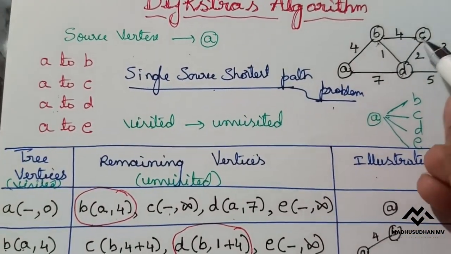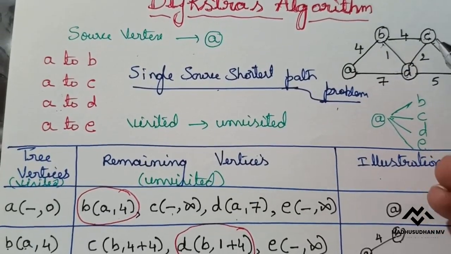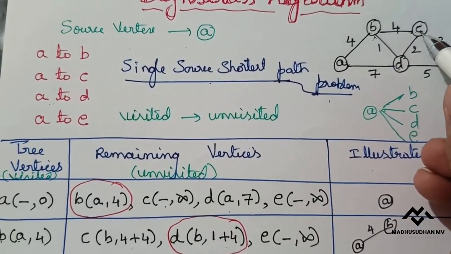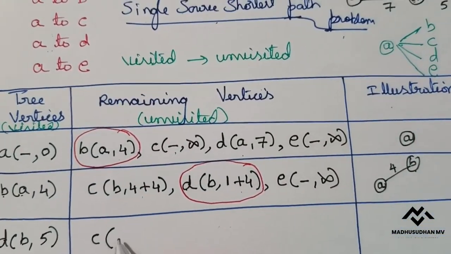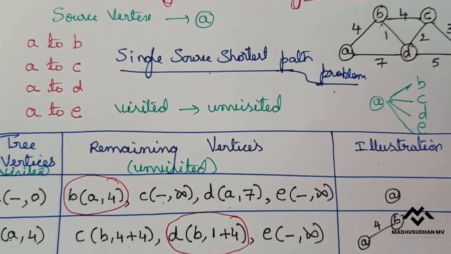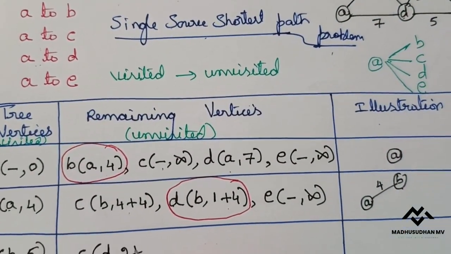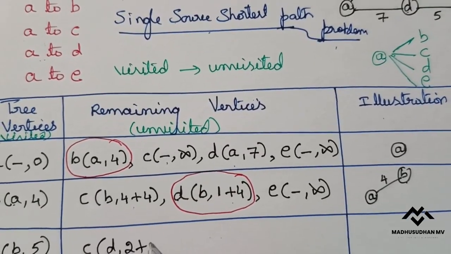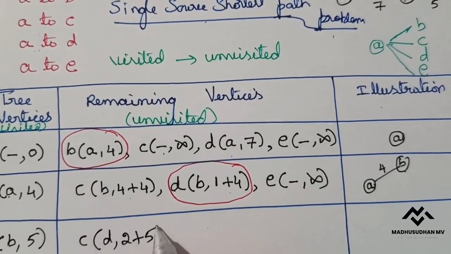So instead of reaching C from B, I decided now to reach C from D. So C is at a distance 2 from D. So 2 plus, to reach D, 5.